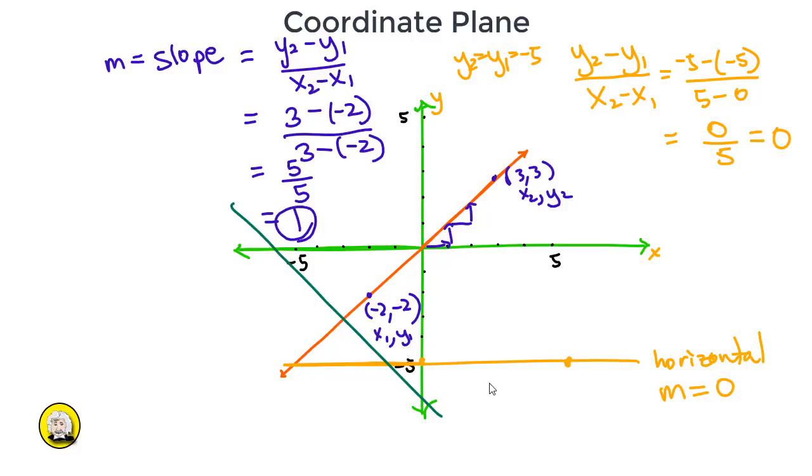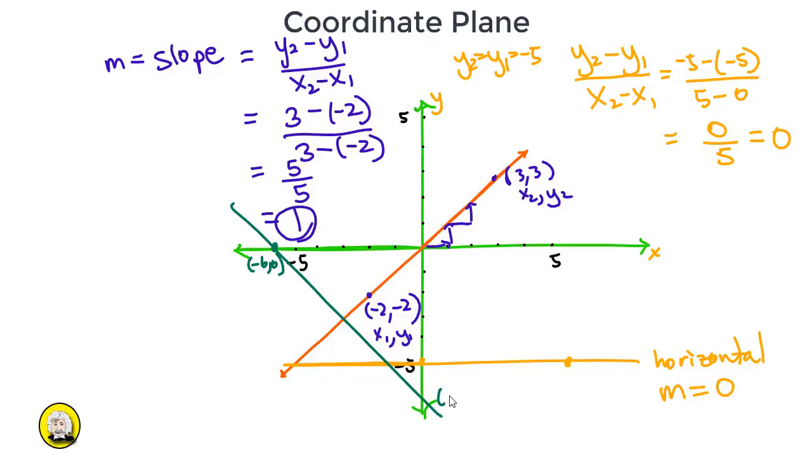What if we had the following line shown in green? This one's a little different. It's downward sloping to the right, whereas our original line, y equals x, was upward sloping to the right. So what does that mean for our slope? Well, let's take a look.